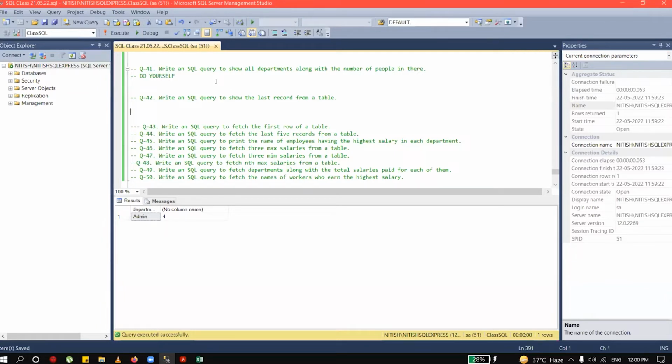Write a SQL query to show the last record of the table. This is interesting. To select the last record, what do you think shall I use?